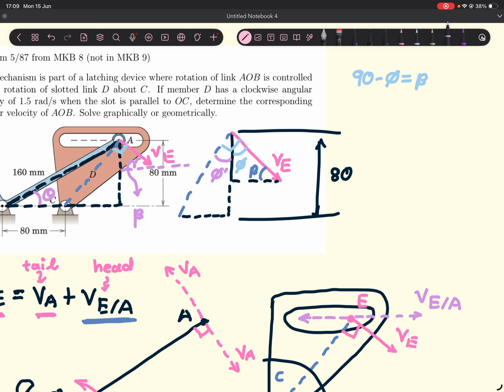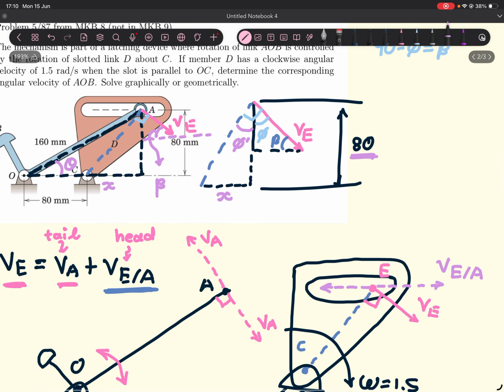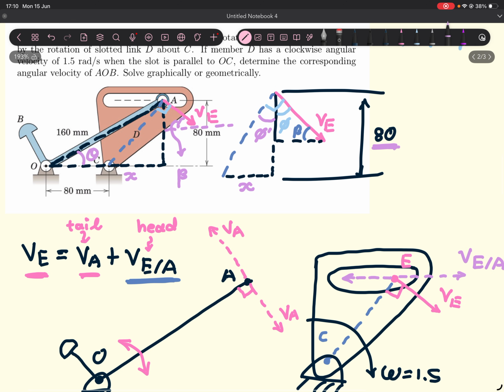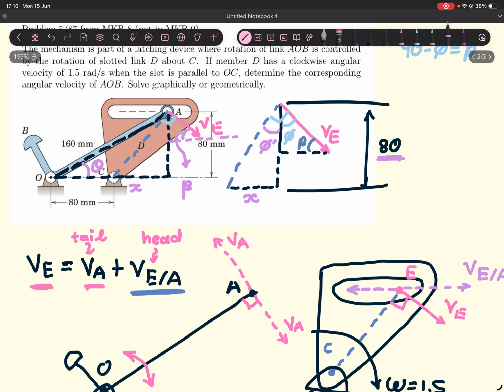And in order to get phi prime, I would need another dimension. So right now I've only got 80. I would need to get this bottom dimension here, which I'm going to call x. I'm going to call it x over there, right? But according to my trig, I know 160, I know 80, and I can use that to get theta, right?